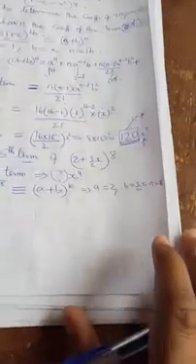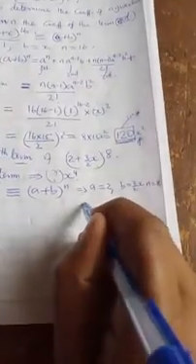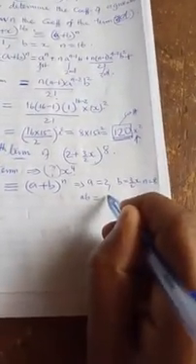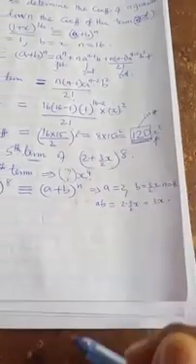After picking our terms, we note that if we need ab, it is going to be 2 times 3 out of 2x, which will be 3x, if we need it.